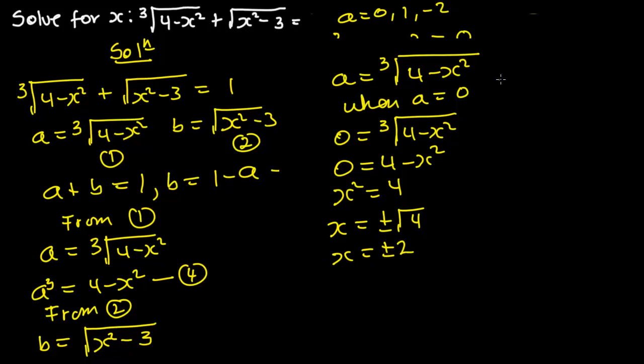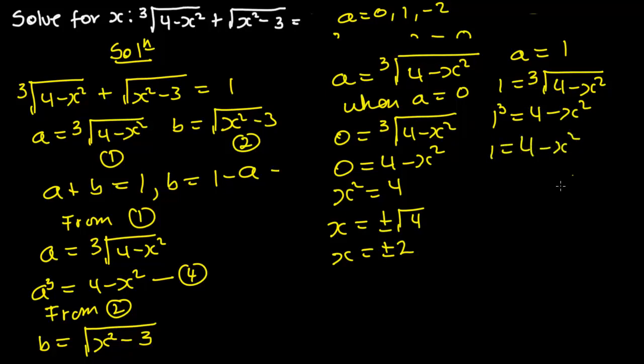Now let us consider when a is equal to 1. So from that, we are going to have 1 to be equal to the third root of 4 minus x squared. Now when we raise both sides to the power 3, we are going to have 1 cubed is equal to 4 minus x squared, which is going to be 1 equal to 4 minus x squared.